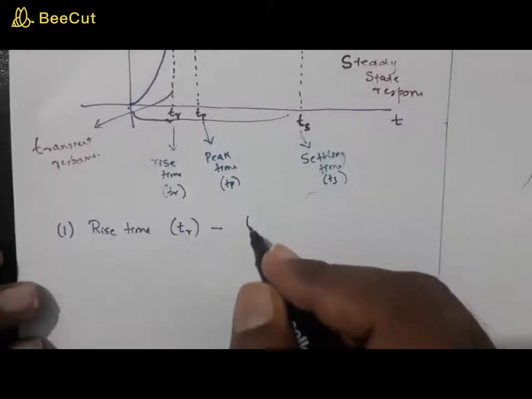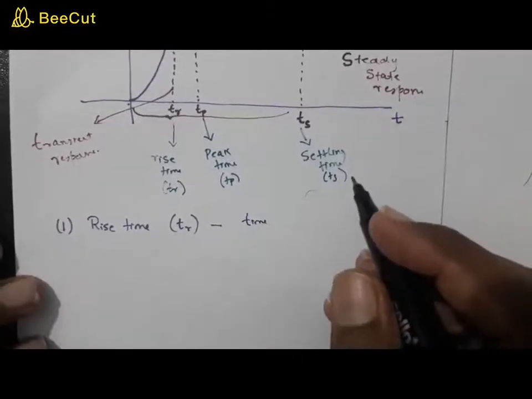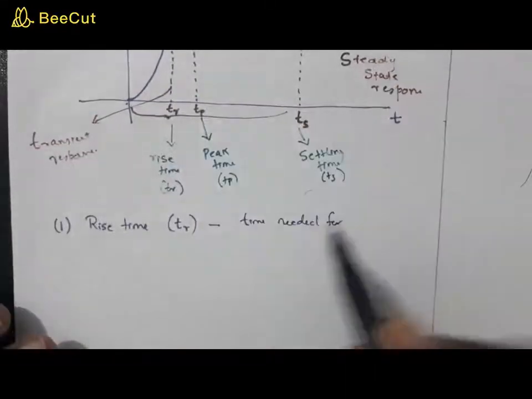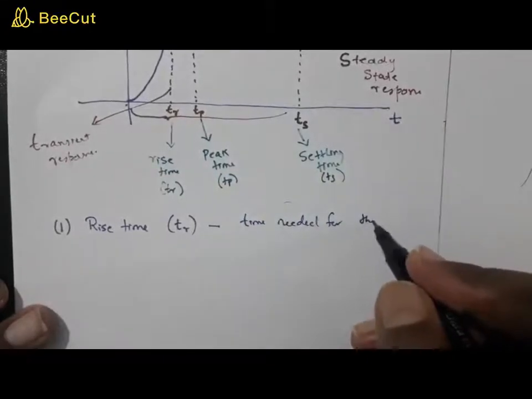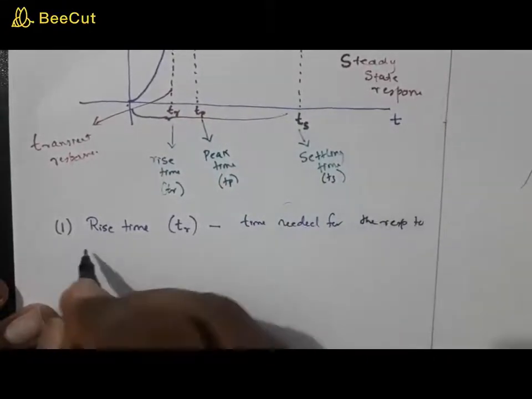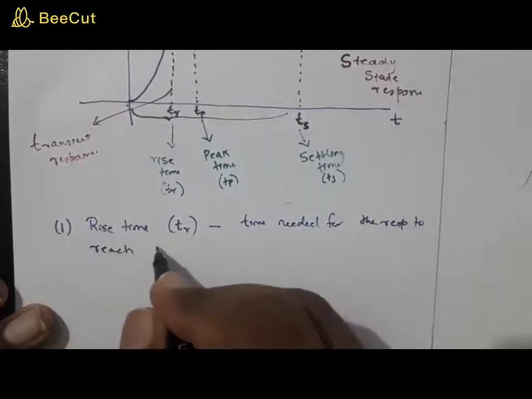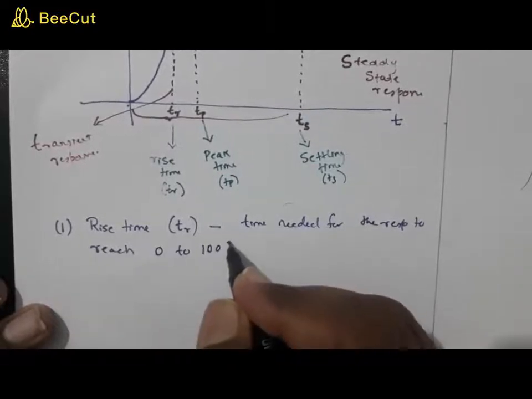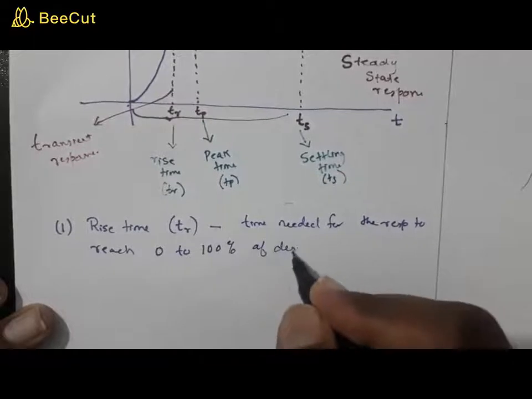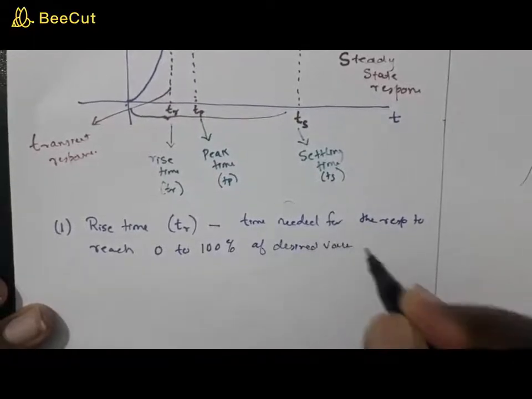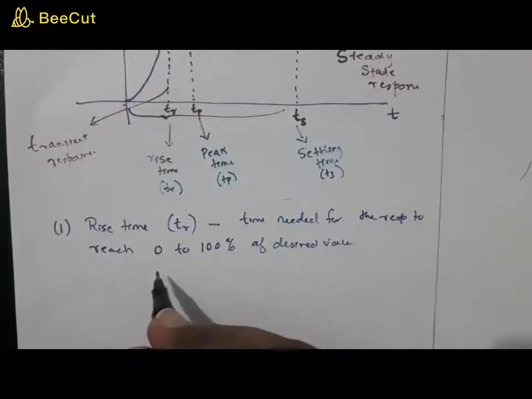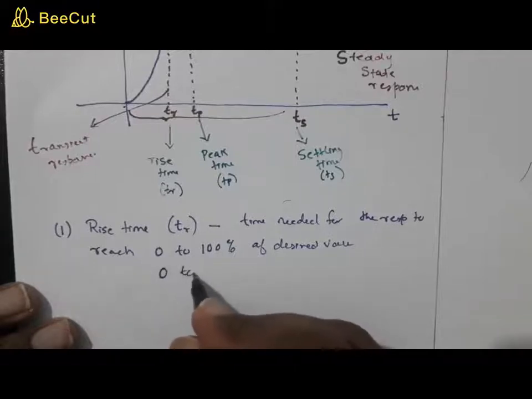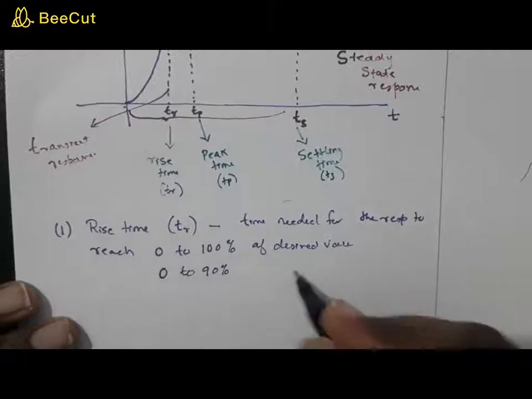It is defined as the time needed for the response to reach from 0 to 100% of the desired value, or it is also defined as the time needed for the response to reach from 0 to 90% of the desired value.